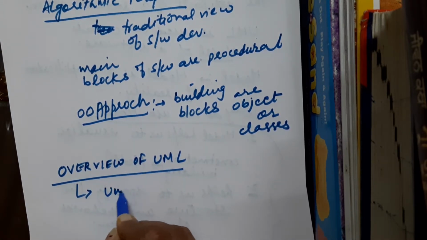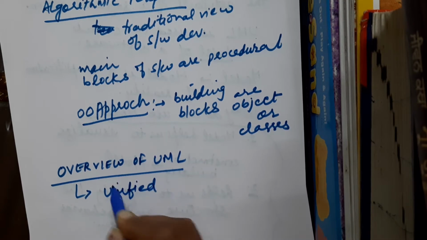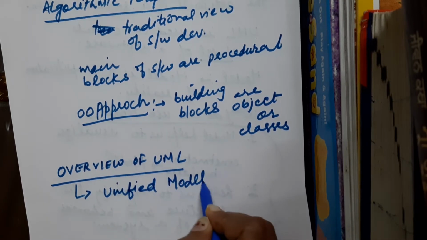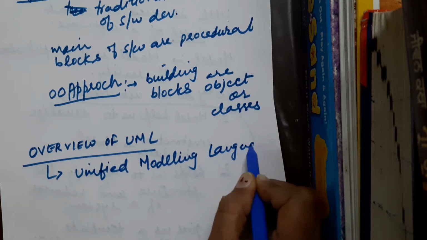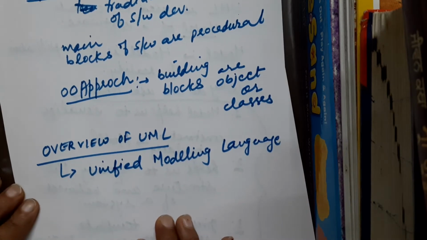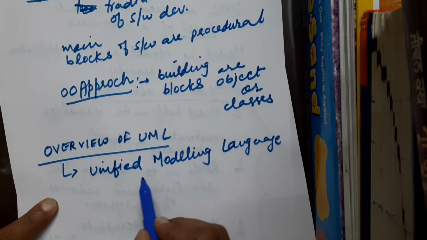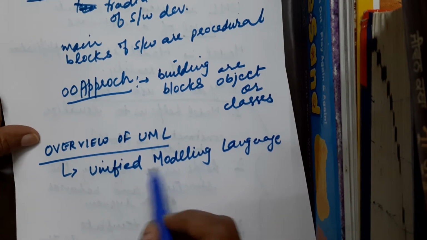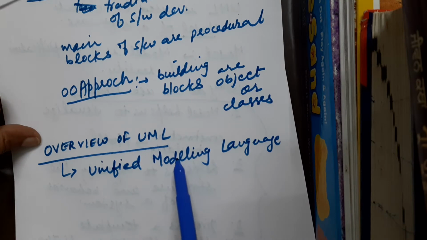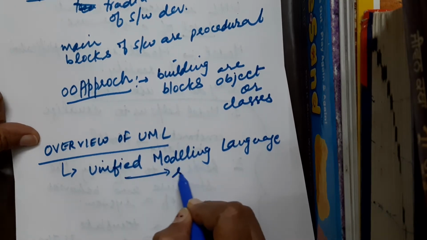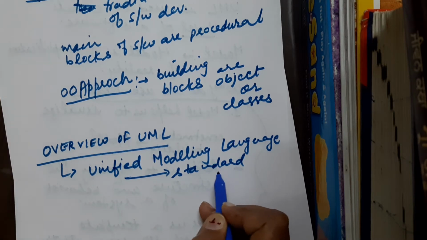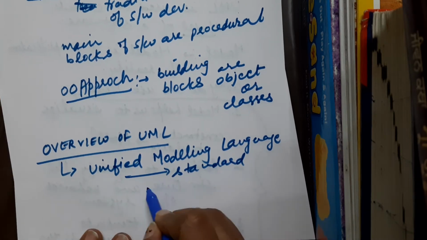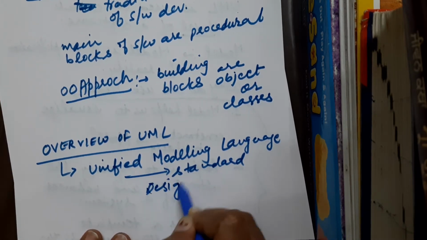As we all know, the full form of UML is Unified Modeling Language. But rather we call it a standard, an industry standard, by the use of which design of the software is developed.